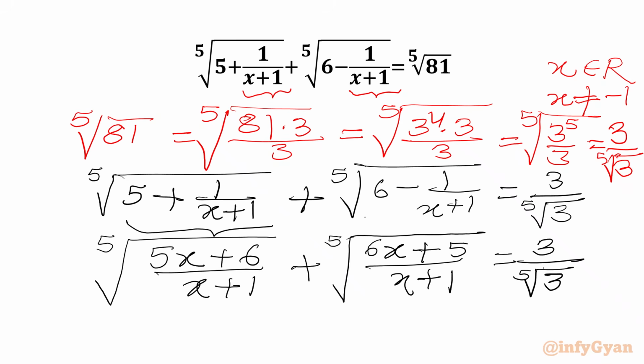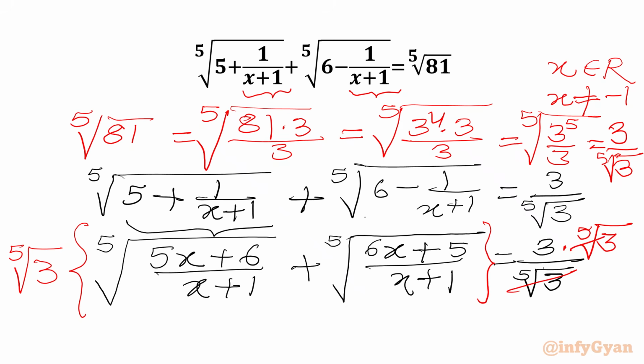Now we will multiply both sides by fifth root of 3. So I will write here fifth root of 3 will multiply LHS and we have to multiply the same in RHS. So fifth root of 3 will get cancelled out from the denominator of the right hand side. Now this fifth root of 3 will get multiplied with the first term of the curly bracket and with the second term of the curly bracket.